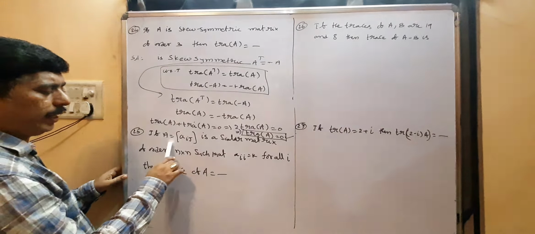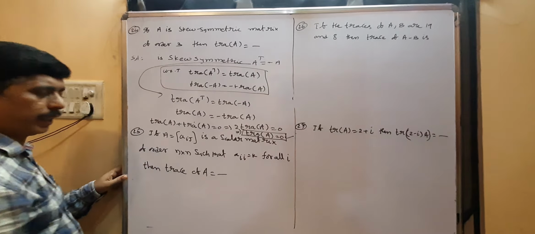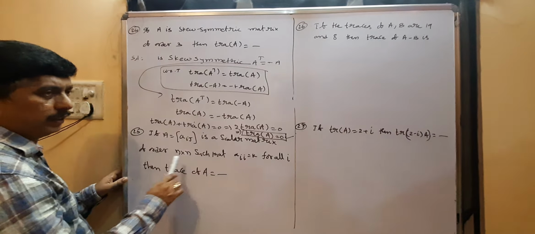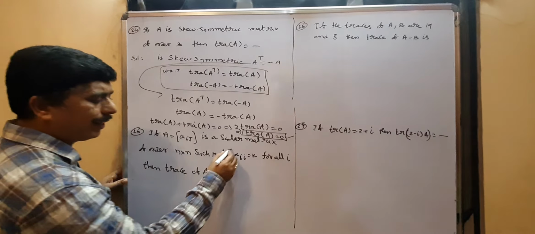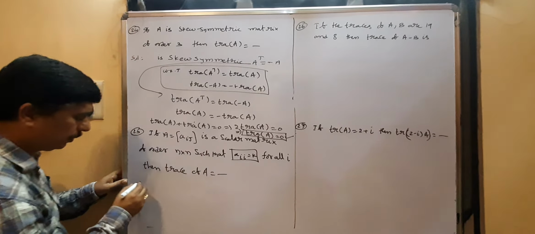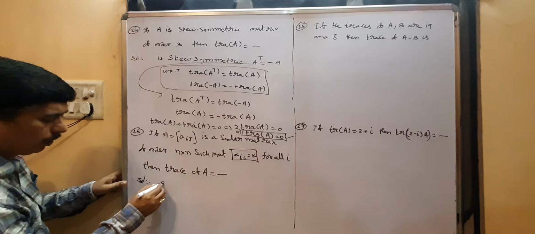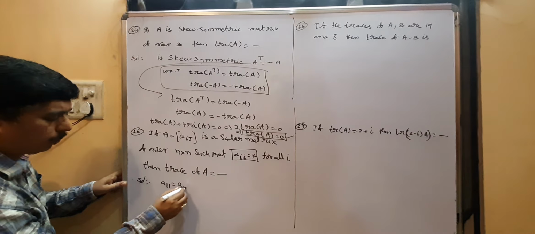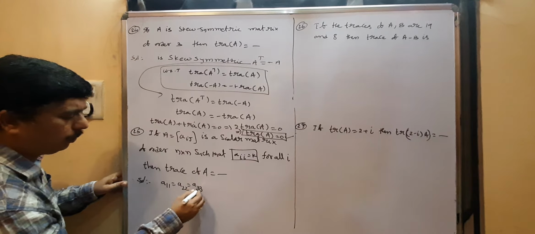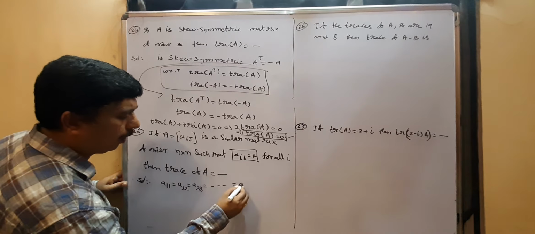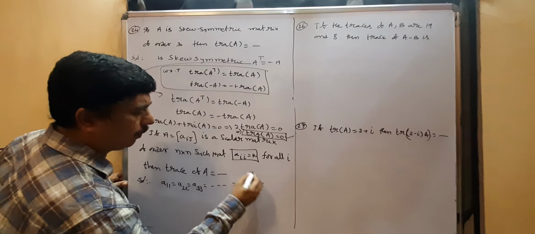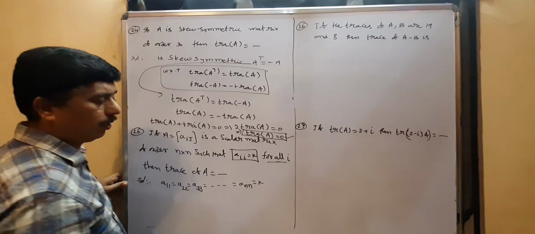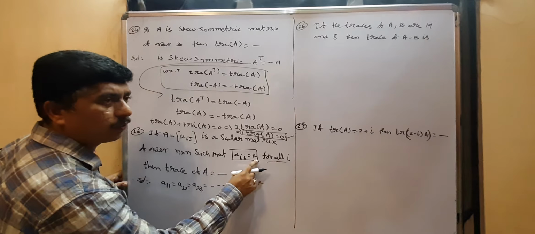Coming to the 25th. If A equals Aij is a scalar matrix of order n by n, Aii equals k. That means A11 value, A22 value, A33 value and so on up to Ann are all k for all i. The suffix values are equal, and that value is k.